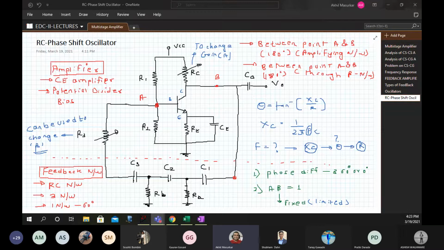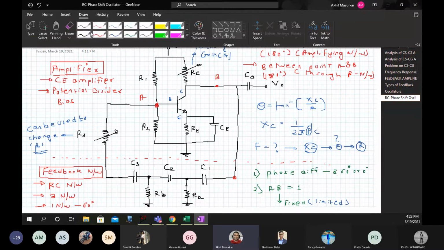If you are done with this, just write done in the chat box. So what we are actually interested in is how the beta network works. That's our main concern here.